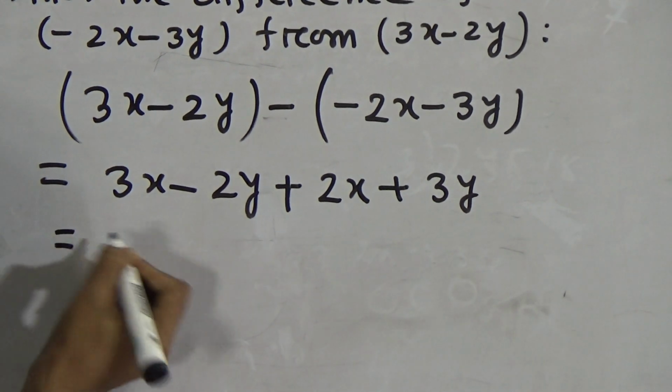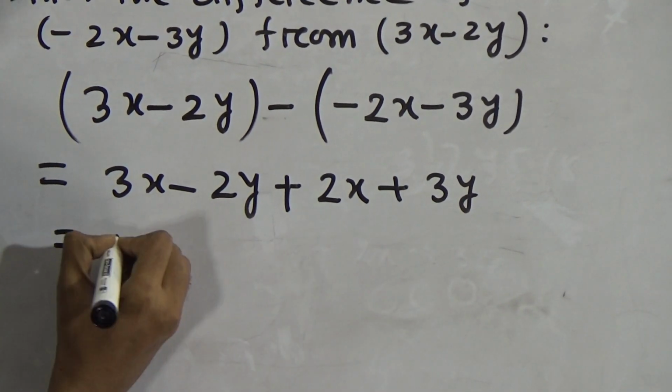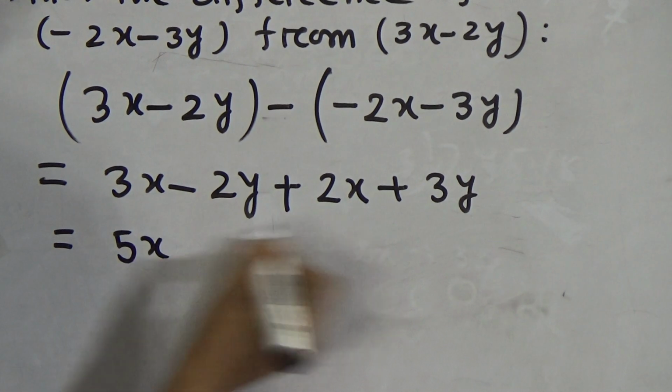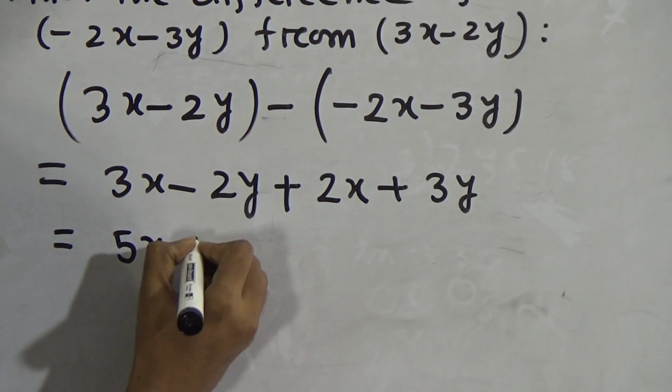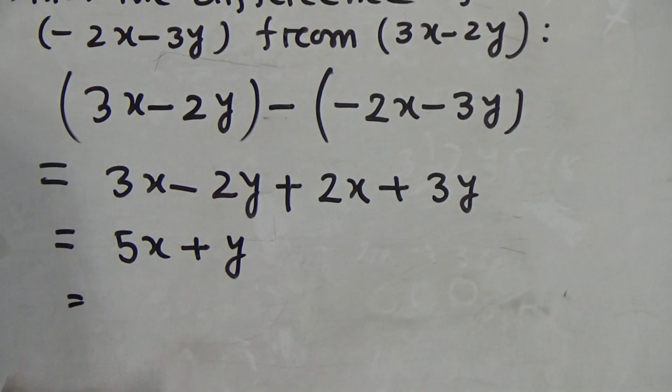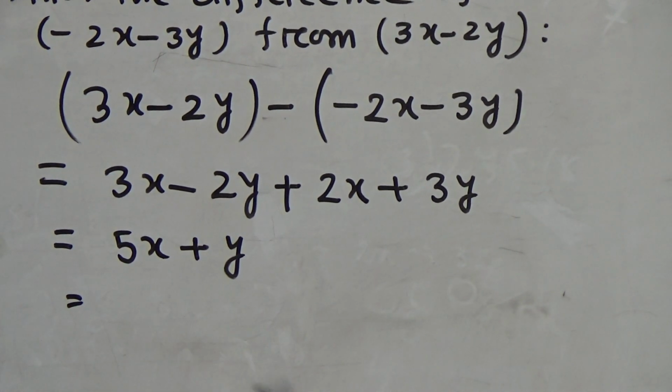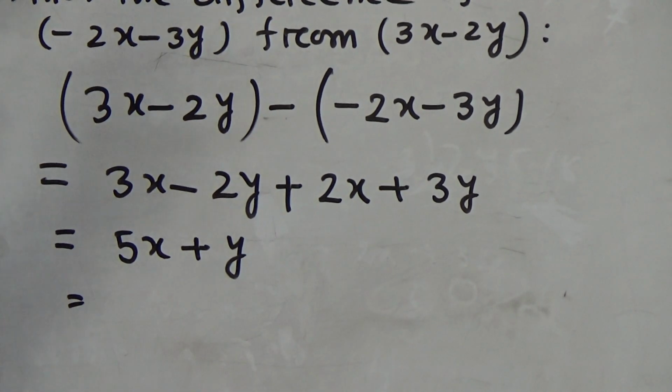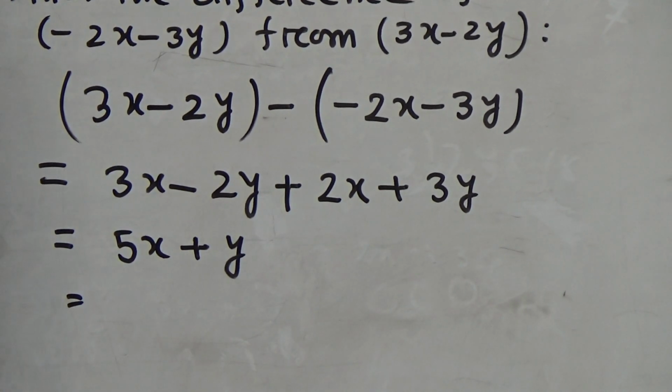This equal to what? You see, 3x plus 2x equal to 5x. 3y minus 2y equal to plus y. Okay? That means we have got 5x plus y. Now you have to determine when x equal to minus 2 and y equal to 3.